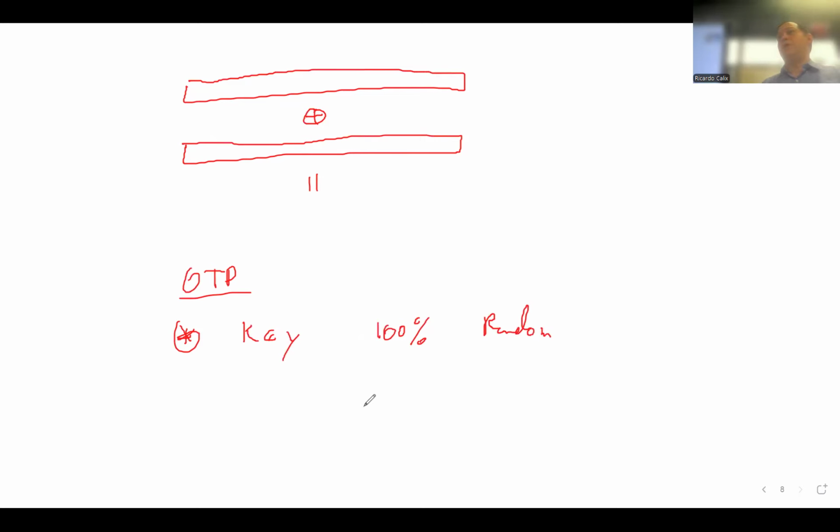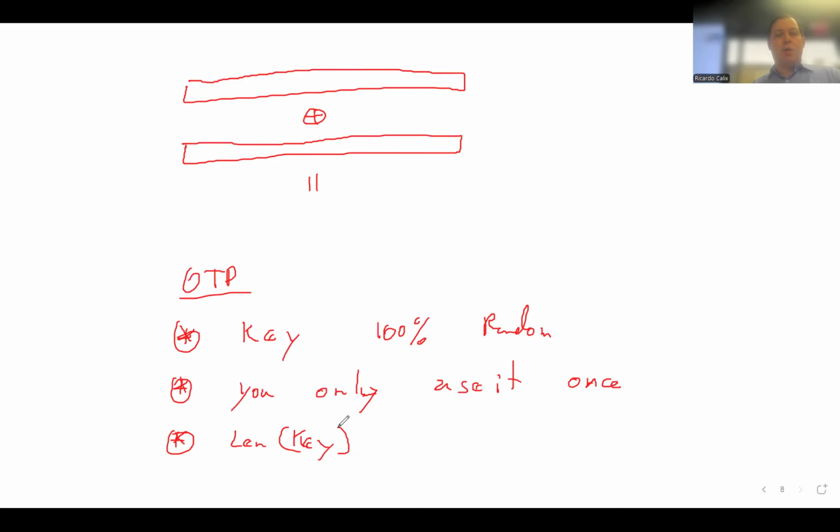Another thing is you only use it once. So you only use it once. You cannot reuse it. And then number three, the length of the key has to be greater than or equal to the length of the message.